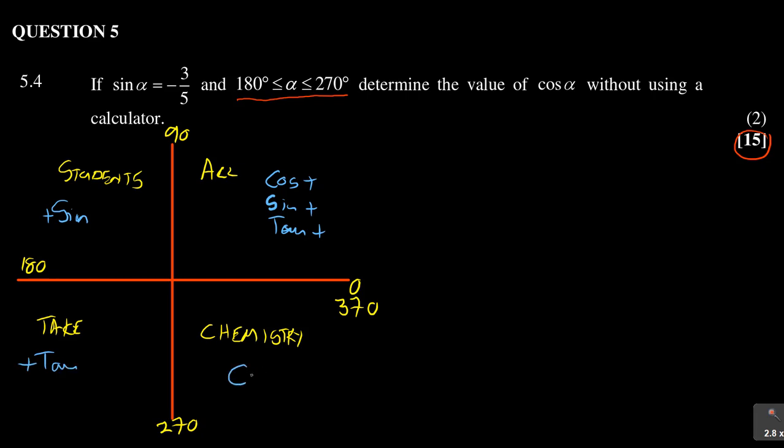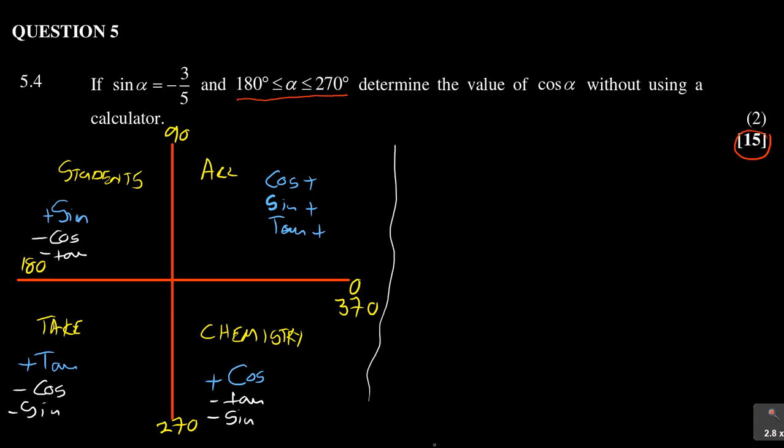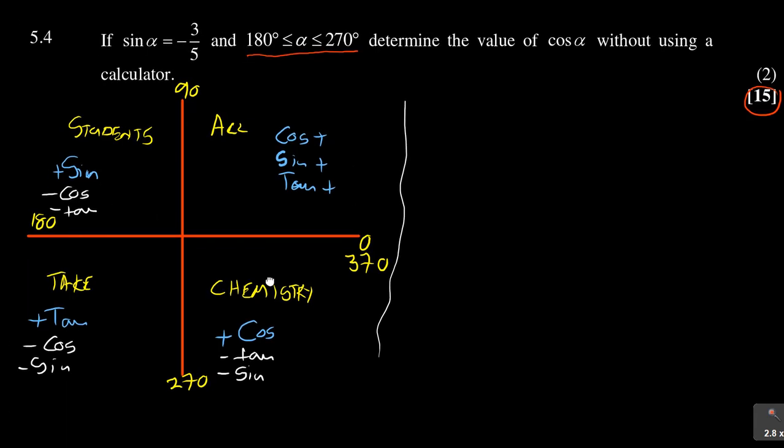Chemistry stands for C, which is cos, the only one that is positive. So when it's like that, it means the others are negative. For example, here cos is negative, tan is negative, even here cos is negative, sin is negative, even here tan is negative, and sin is negative. That's what basically this system does.